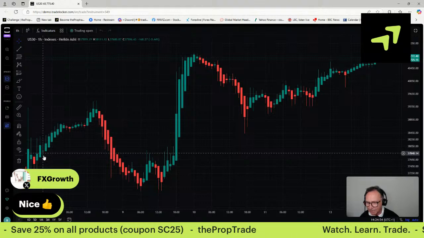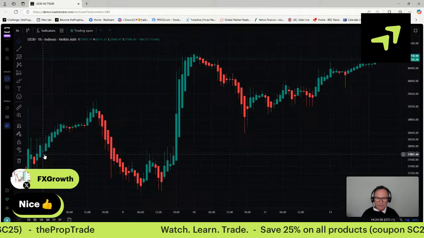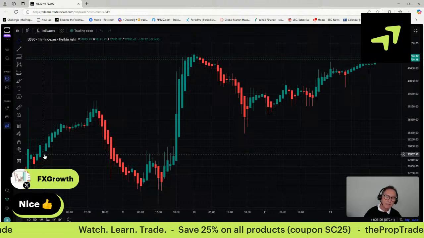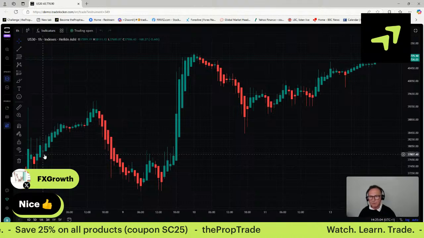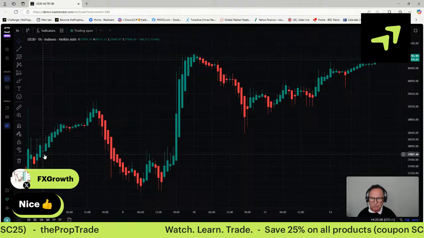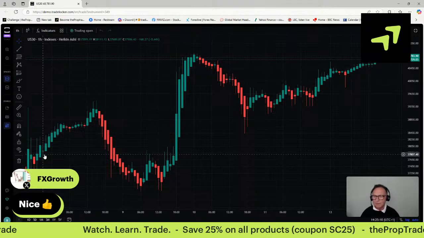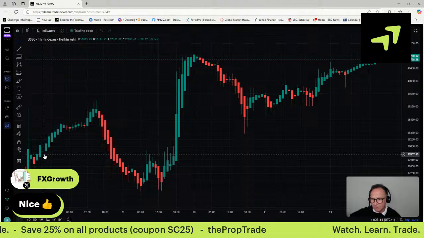Then it was a bit of a squidgy one. We got a doji candle. The doji candles on Heikin Ashi candlesticks are exactly the same as they are on normal candlesticks. It's suggesting uncertainty. The buyers and the sellers are in balance, so not a lot going on.